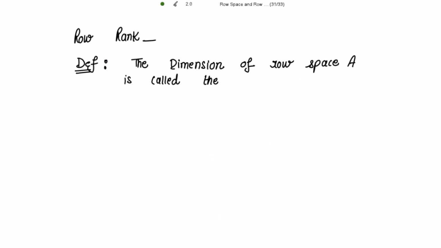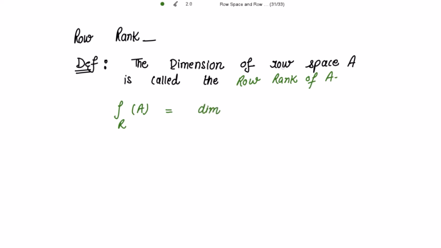Next is the row rank of a matrix. The dimension of the row space of A is called the row rank of the matrix A, right? The row rank of A is denoted by rho(A).